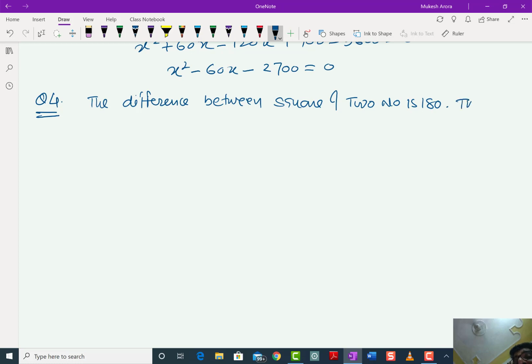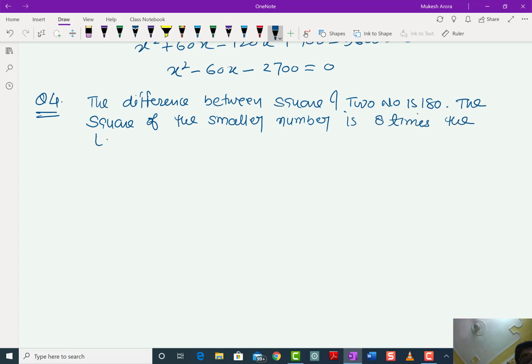The square of the smaller number is 8 times the larger. Find the numbers.